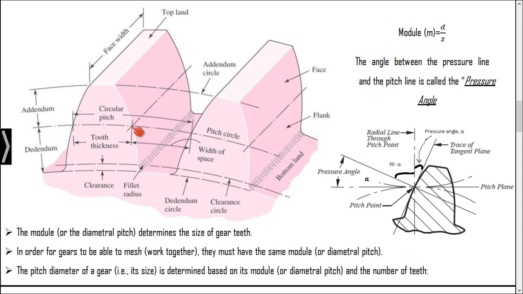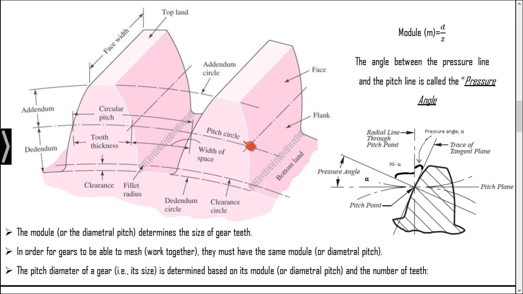If it is not the same, it means there is a slip between these two. So in order to have a constant velocity ratio, the gears have to meet at the pitch point. That is what the law of gearing states. If you don't remember that, kindly refer to some textbook and read the concept of pitch point and pitch circle.